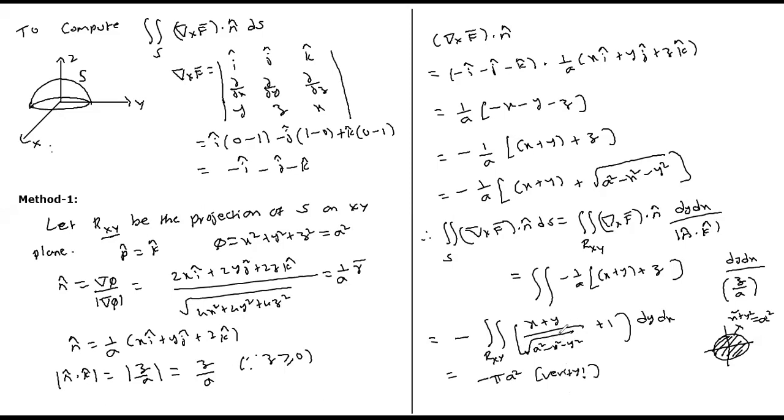Just use your skill of double integration and see that the value is actually equal to minus pi a square. So this is method 1. What is method 1? The usual way of finding the surface integral by taking the projection on one of the coordinate planes, finding n bar, modulus of n bar dot p bar, finding curl f bar dot n bar, and so on.